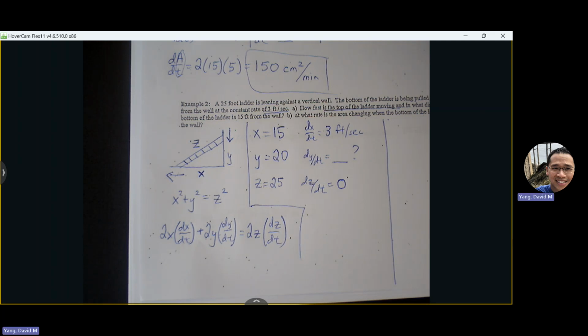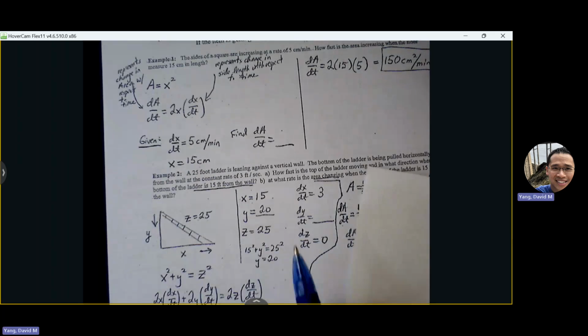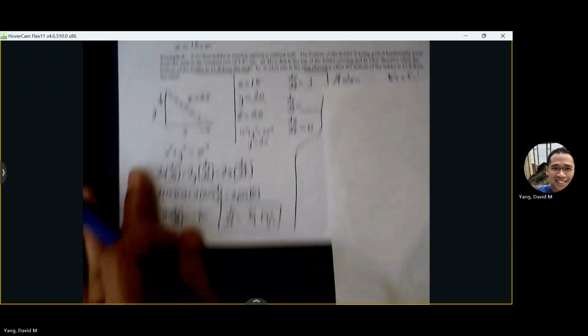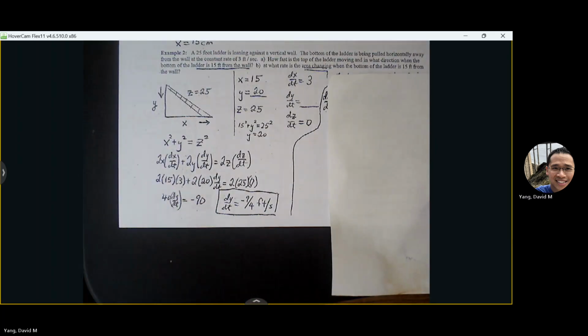Okay, this is what I got. So that 0 is nice, cancels out that right side. We still have to multiply and subtract that value over.